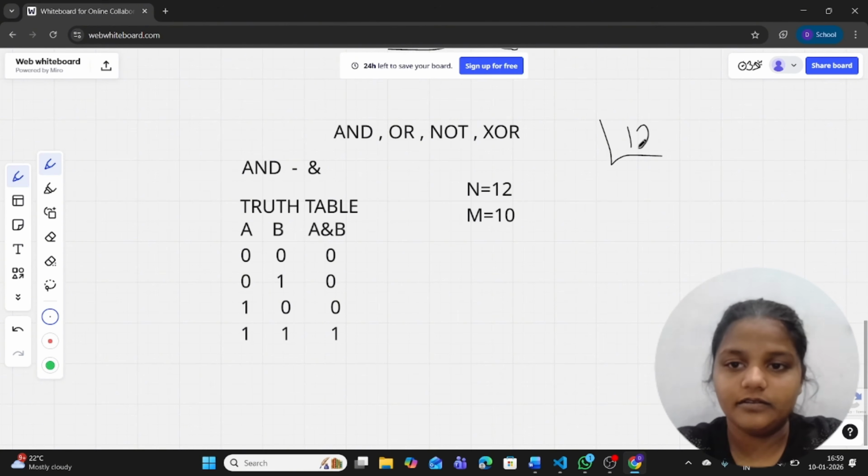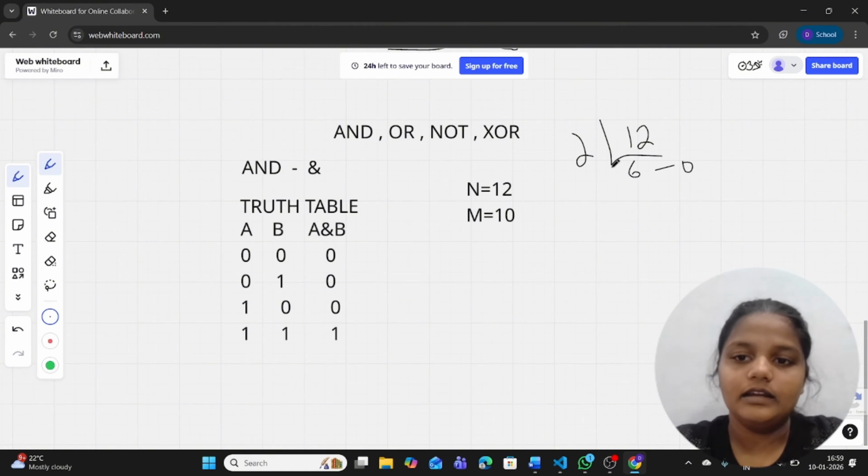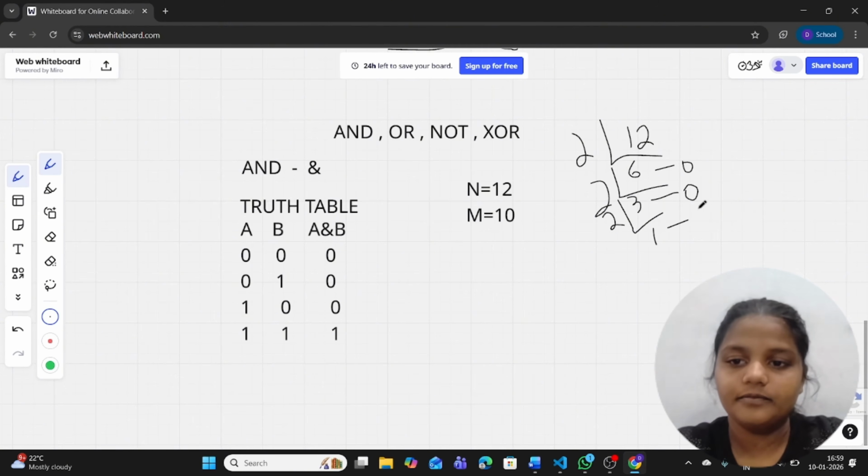First I divide 12. Two 6s are 12, the remainder is 0, and again two 3s are 6, the remainder is 0. Then again dividing by 2, two 1s are 2, the remainder is 1.